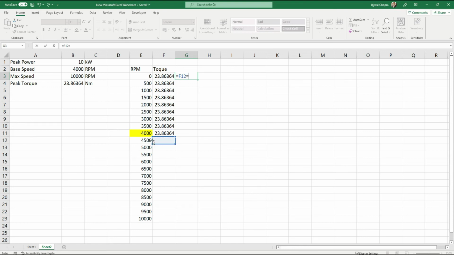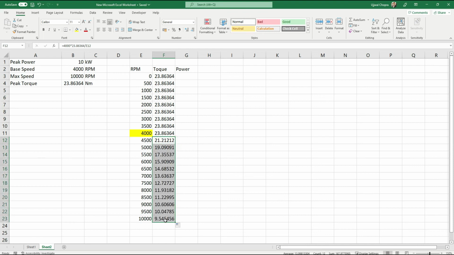So then we can simply calculate torque at this rpm by multiplying these two and then dividing it by this rpm. So 4000 times 3.86364 divided by rpm, and then we can copy the same formula till the end.